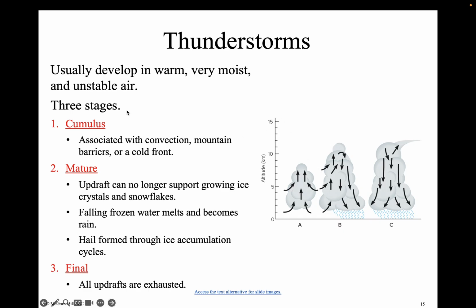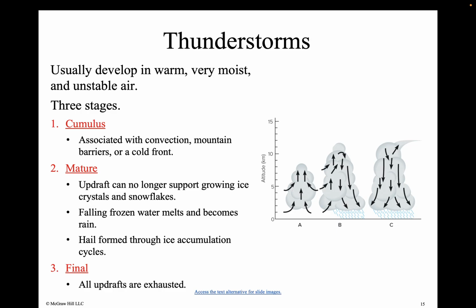So the mature scenario is actually when precipitation begins and precipitation reaches the Earth's surface. Okay, so during stage B, the saturated air, now that it reached the dew point, reaches the freezing level in the atmosphere, and then ice crystals and also snowflakes can form through that ice crystal formation process that we already discussed. And if they are too large, that snowflake or that ice crystal will fall, okay?